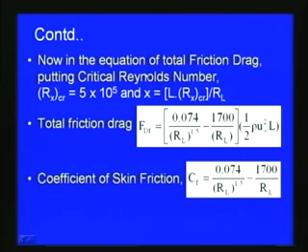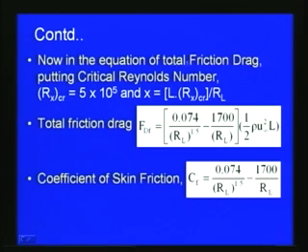Now, in the equation of total friction drag, we put the critical Reynolds number as we have seen, Rx critical equal to 5 into 10 to the power 5. If we consider a linear variation with respect to the Reynolds number, we can write x by Rx critical equal to L by RL.